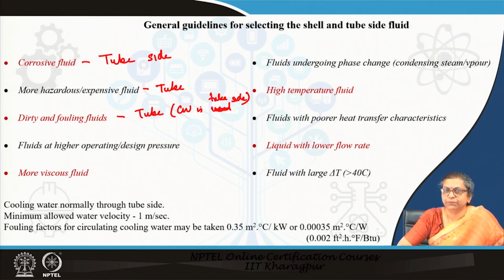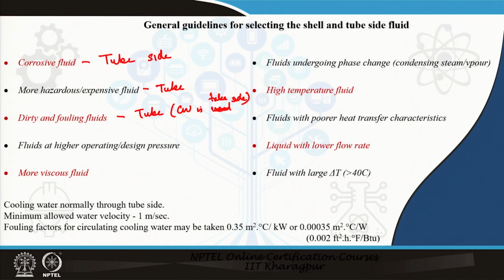When the tube diameter is lesser, naturally the velocity of the tube side fluid will be higher. When a fluid is flowing at a higher velocity, the chances of depositing the solids decrease. So, for this particular reason again, we prefer slurry to flow on the tube side.